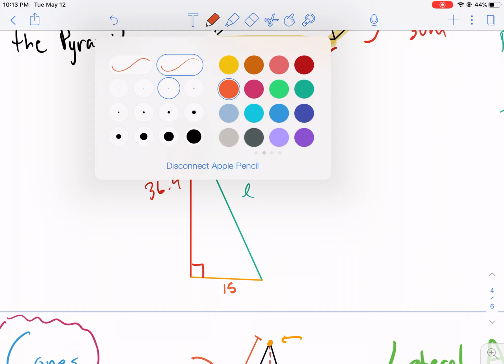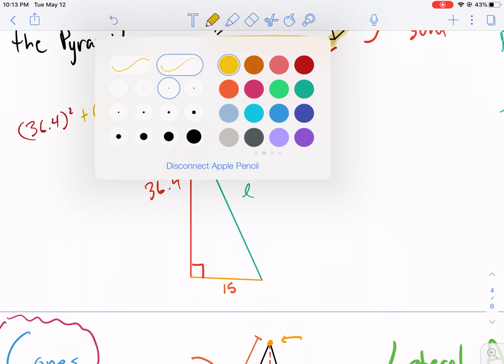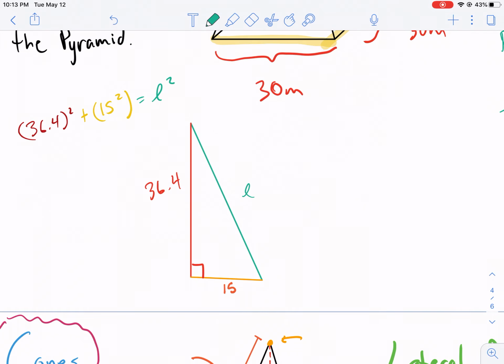Now we're ready to use the Pythagorean theorem to find our missing slant height. Let's go ahead and start. We have 36.4 squared plus 15 squared equals L squared. This is where a calculator comes in handy. 36.4 squared plus 15 squared, I got 1,549.96, which is equal to L squared.